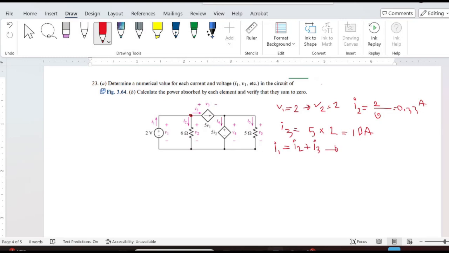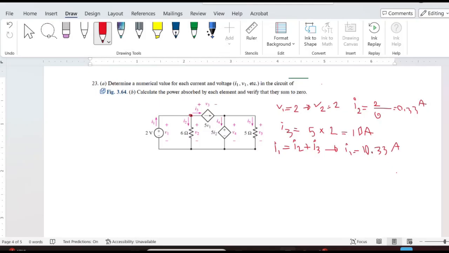So from there, we can find out the value of I1 would be 10.33 amps.